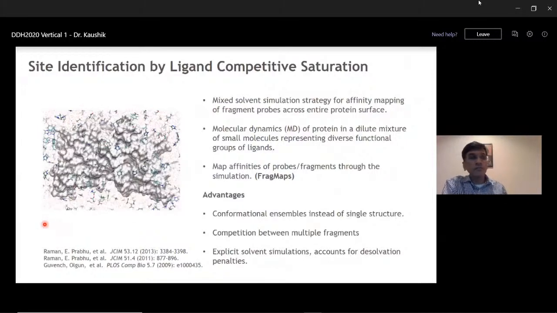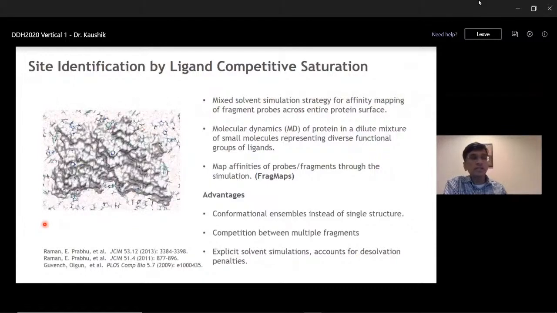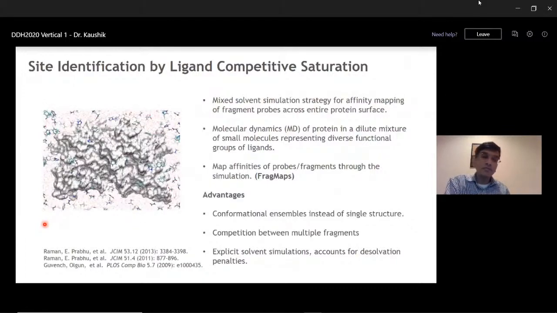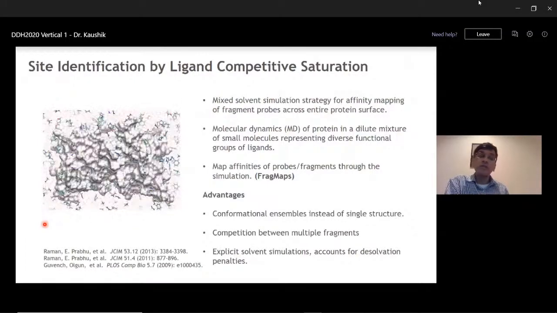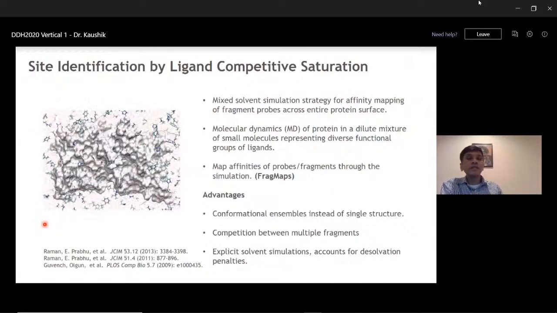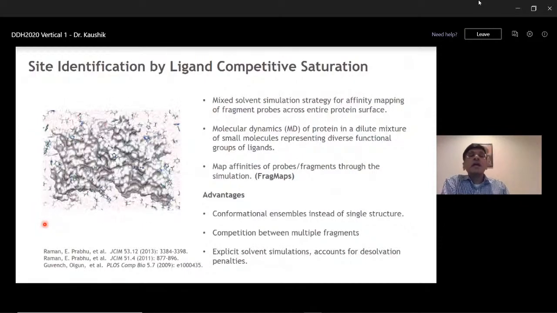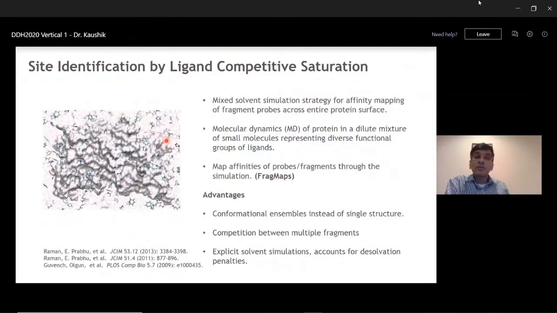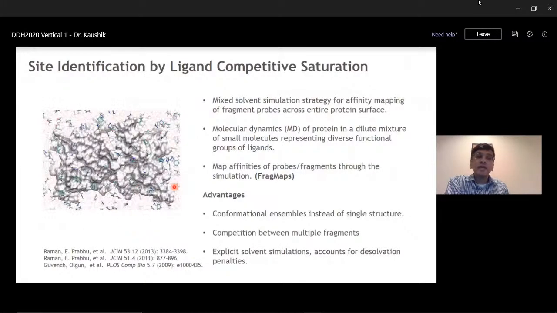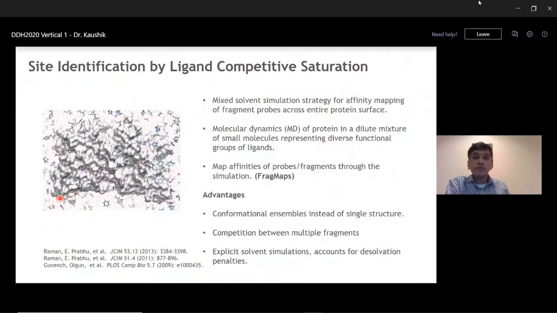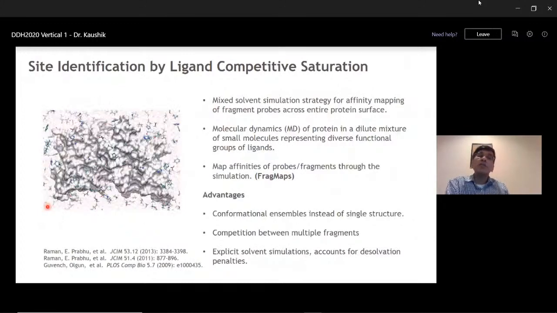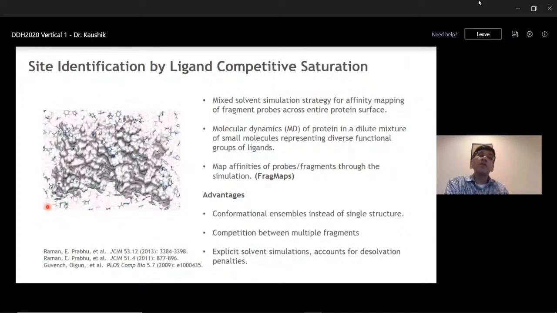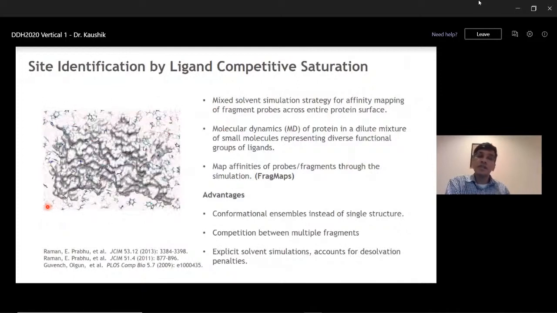Say you have a structure of a protein of interest. It could be bound to a small molecule of interest, or it could be apo. But we take the apo form of the protein, put it in a solvent box consisting of a dilute aqueous mixture of different probe molecules or fragment molecules that oftentimes represent the different functional groups of interest in a ligand.